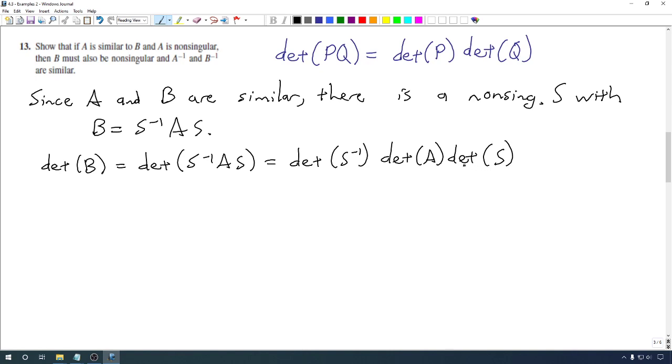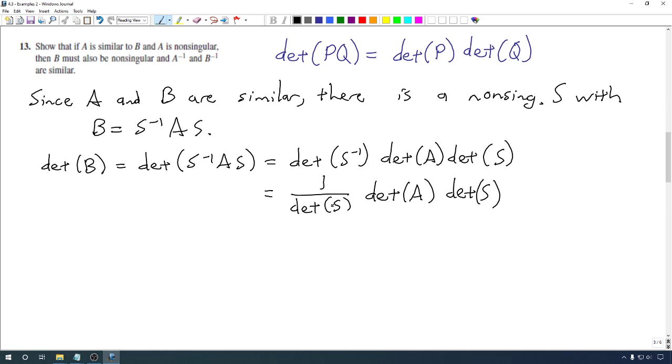Well, what can we do from here? We actually do have another result. The determinant of an inverse matrix is just 1 over the determinant of the original matrix. So we have the determinant of S inverse is 1 over the determinant of S. And we have these as they are.